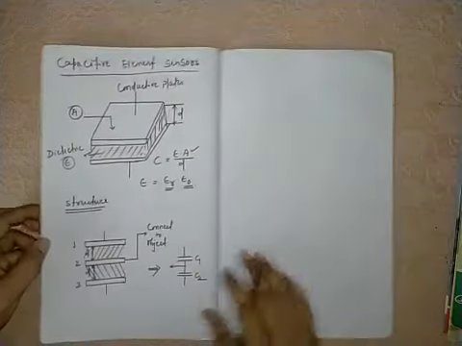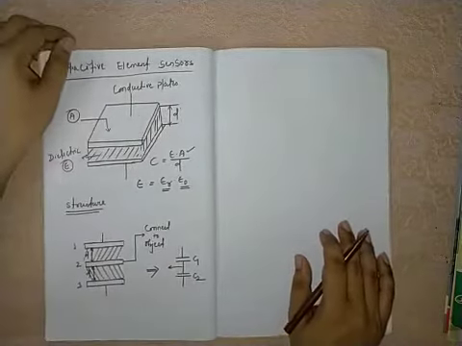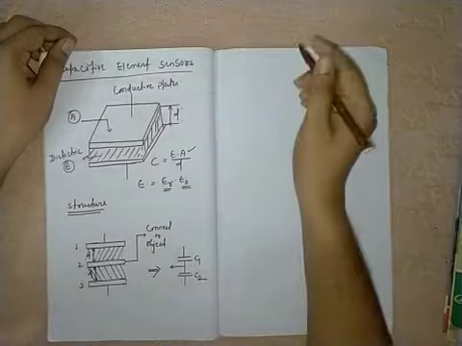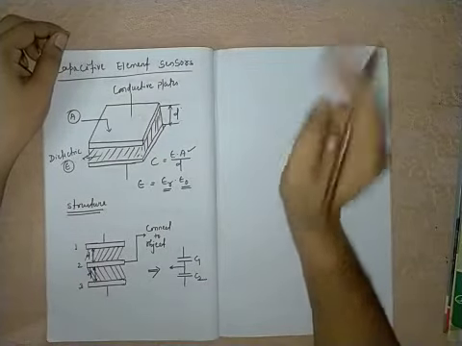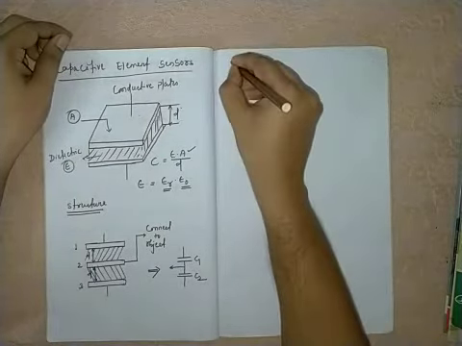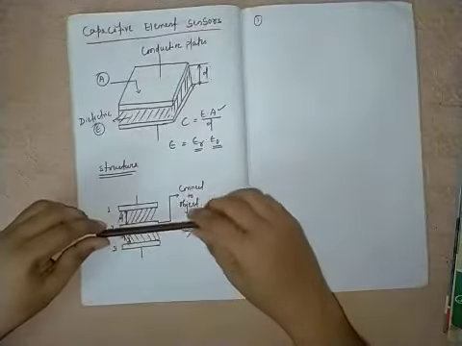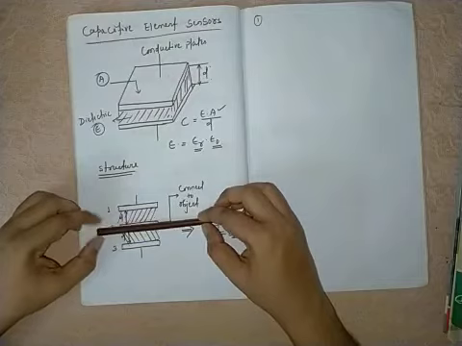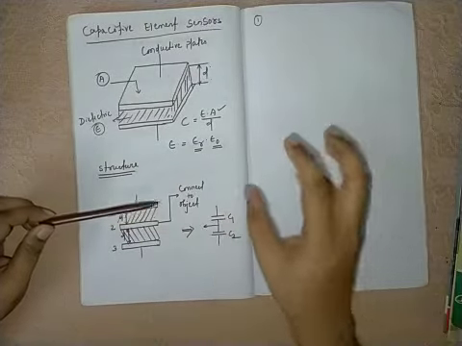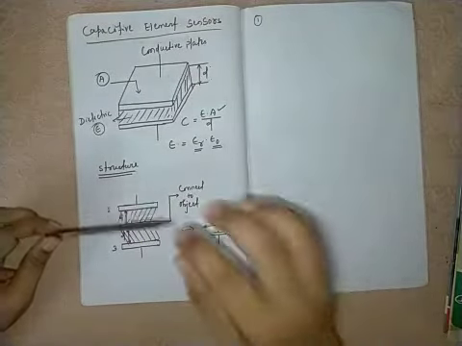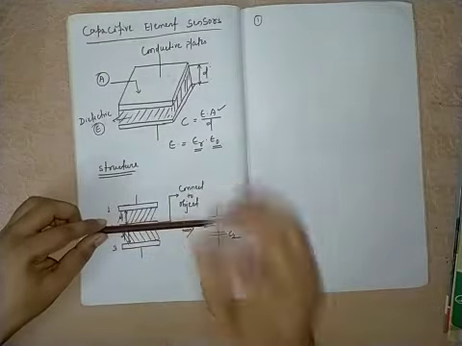So the linear displacement that we will measure can take place in 2 different ways. First way is you move plate number 2, because plate number 2 is connected to the object whose linear displacement we have to calculate. So what are the different ways to measure?